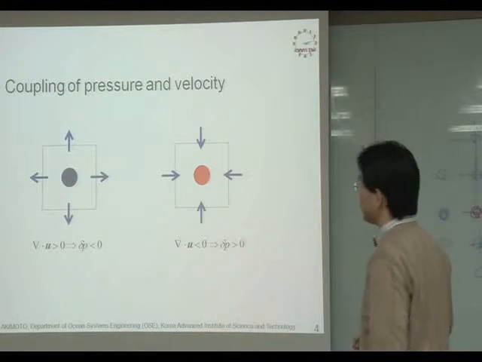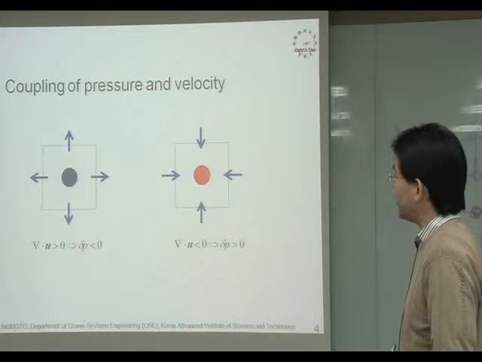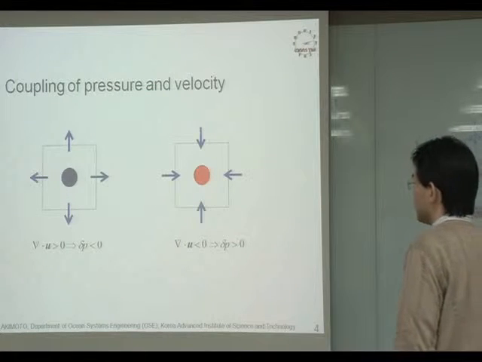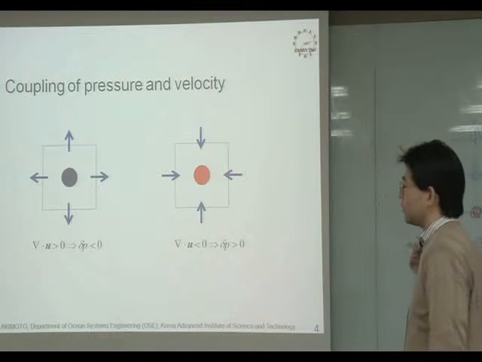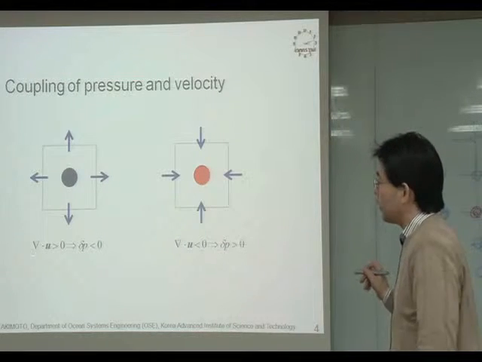Coupling of pressure and velocity can be written like this. I guess similar images were already shown in the previous lectures.